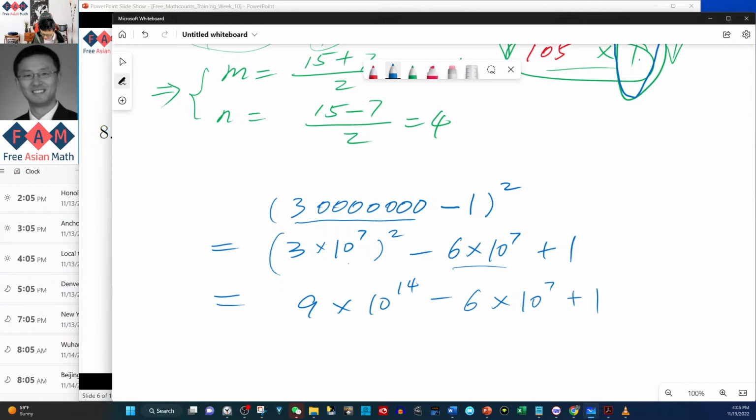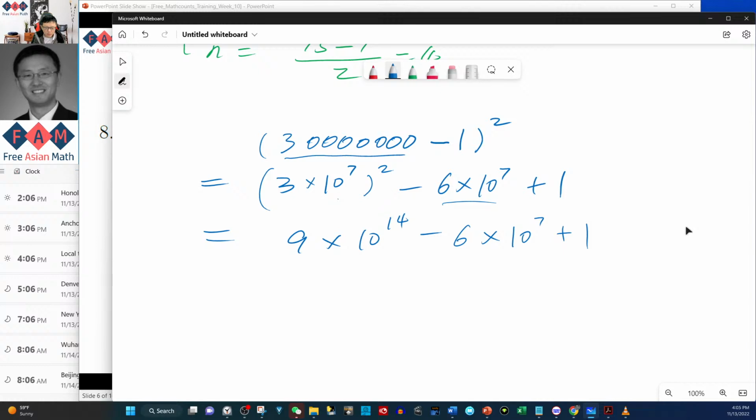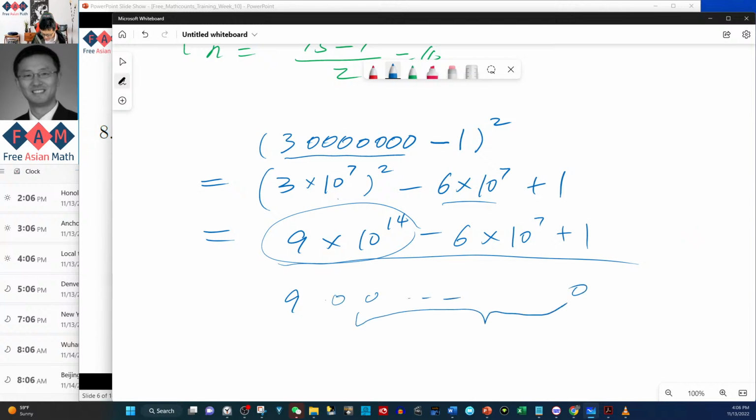Okay, now you see that this one is just 9 times 10 to the 14th power, subtracting 2 times this one plus 1. Okay, so this is a little bit tricky because we were asked to compute the sum of all the digits, so we still need to be very careful, write this down. What is this? So essentially we start with this number. This is 9, and you have 14 zeros right there. Okay, then you need to subtract this number. So because this number has 7 digits, we break 14 digits into 2 portions.